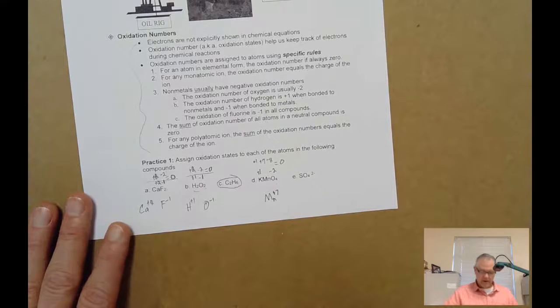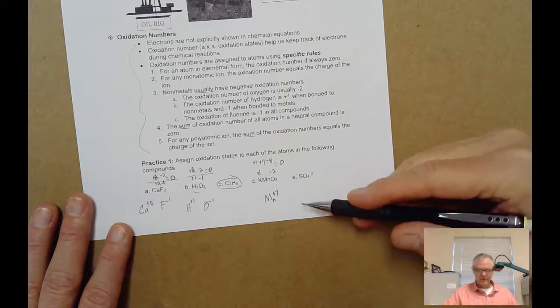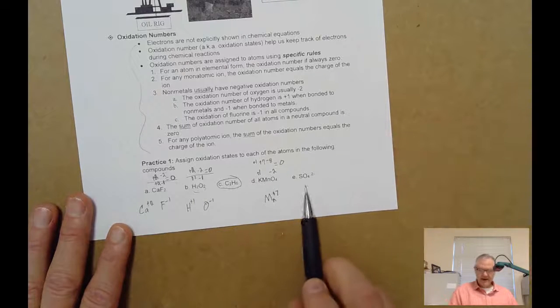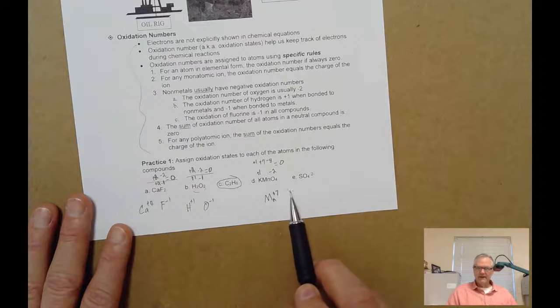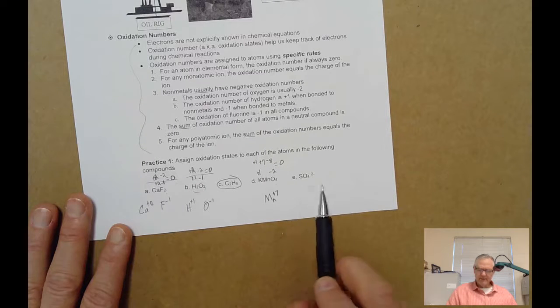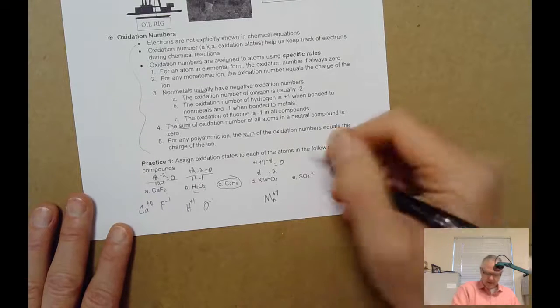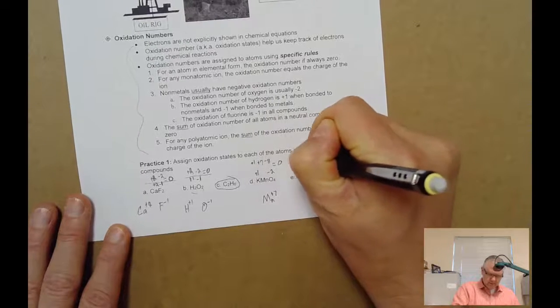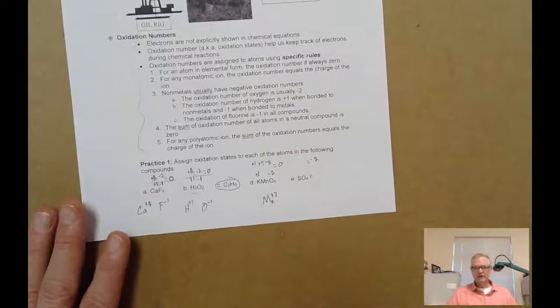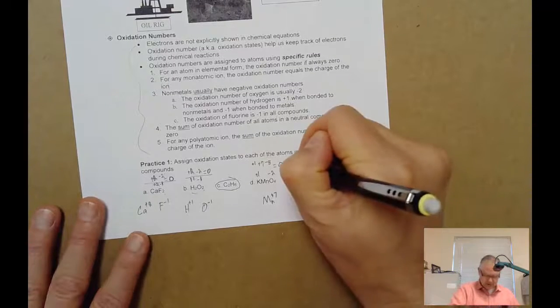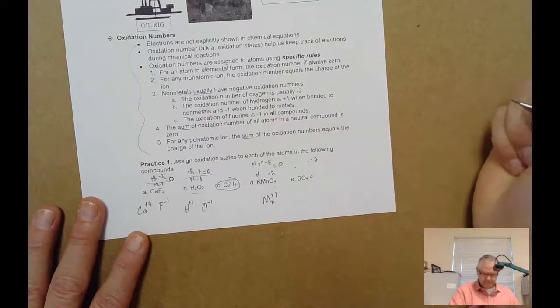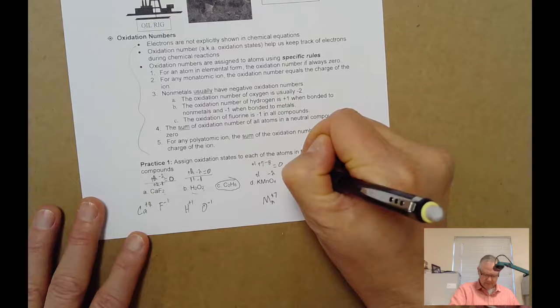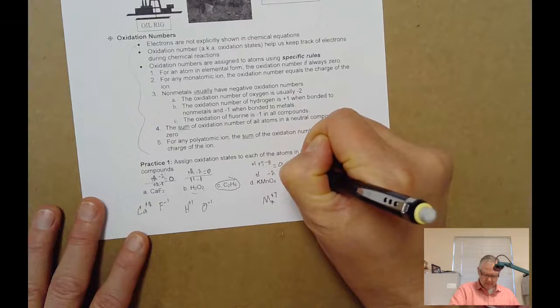I would like to do the last one over here. On this one, do you see how I'm not dealing with just SO4? It's an SO4 2- ion. So I'm going to set this not to 0, but to -2, because it has an overall charge of -2.